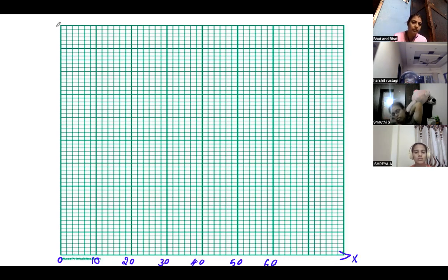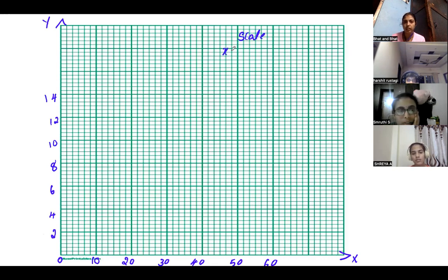Along the y-axis, what can we take? See, minimum of 6 we want, maximum 13. So directly we can take 1, 2, 3, 4, or let us take 2, 4, 6, 8. This will be better: 2, 4, 6, 8, 10, 12, 14. Got it? So what will be the scale?